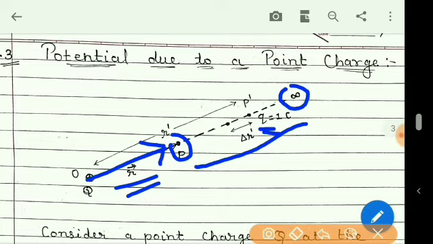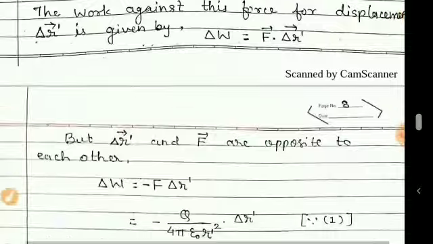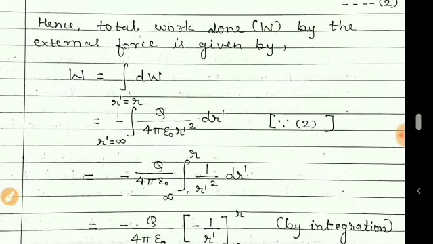So infinity is the initial limit, and at distance r, which is at point P, is the final limit. So we have taken those limits, and now the next step: during integration or differentiation, we take the constants outside.